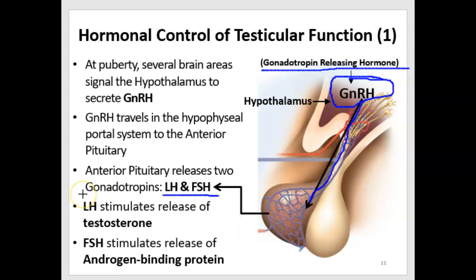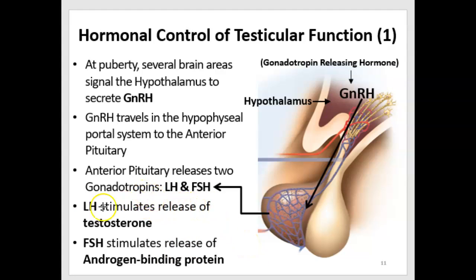These are also categorized as gonadotropins because they have a tropic effect on the gonad, and a tropic effect means growth or stimulation of. So both of these are going to act on the testes.